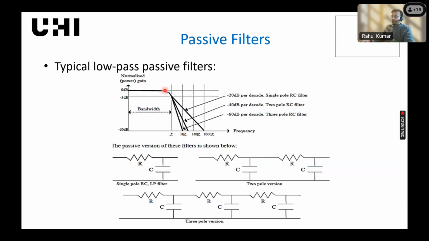Although you will get a higher slope, your circuit will be less efficient, and you will get a very big filter circuit. You'll have to connect so many components, so you'll get a very big, bulky circuit, and that will be inefficient. So it's not that straightforward.